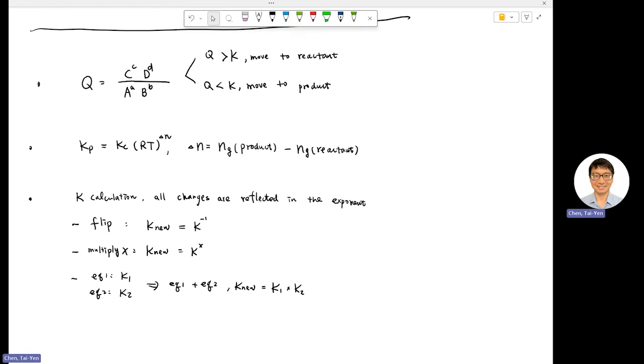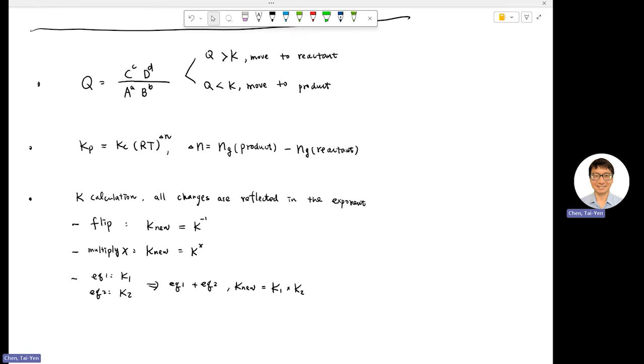The converting equation is the one I highlighted here: Kp equals Kc times RT to the power of delta n. Delta n is calculated by counting the moles of gas molecules on the product side minus the moles of gas molecules on the reactant side.